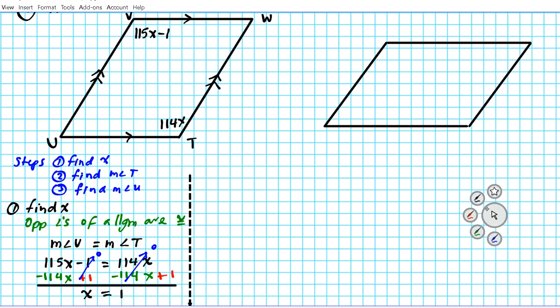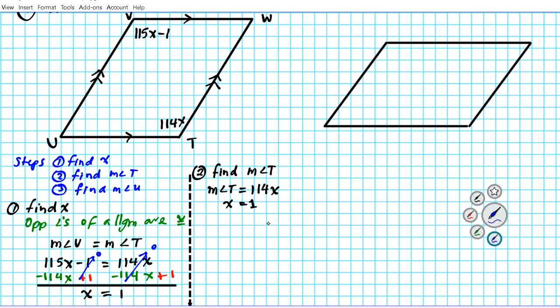So for step 2, we need to find the measure of angle T. We could have used angle V, it doesn't matter. So the measure of angle T is 114x, and we know that x is equal to 1. So how do we put these two pieces of information together?